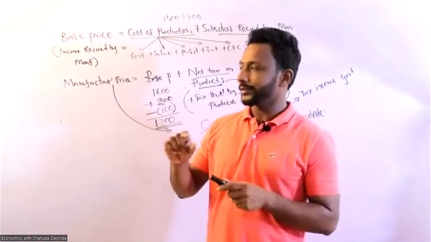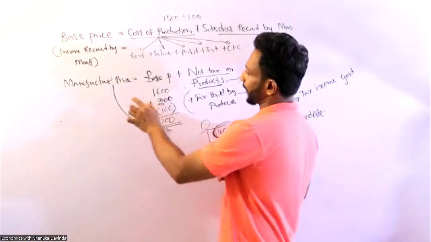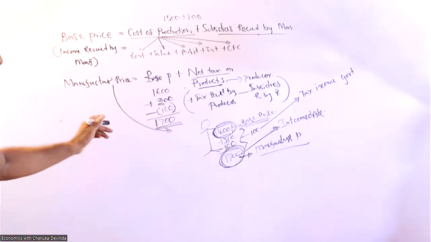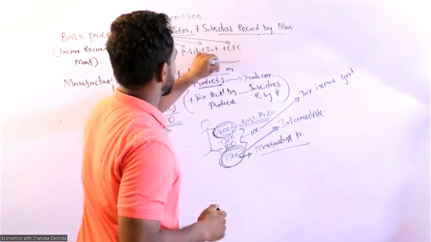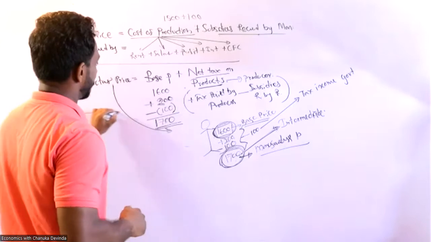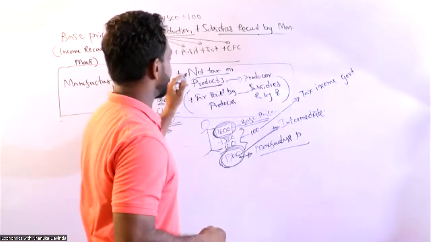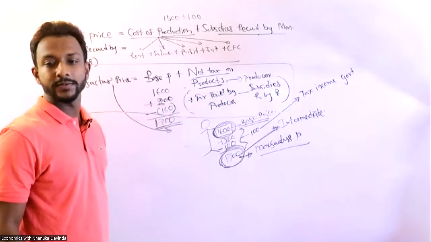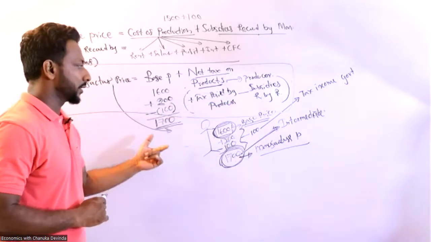So you can write down: manufacturer's price equals base price plus net tax on product, in the box. Net tax on products means tax paid by the producers minus subsidies received by the producers.